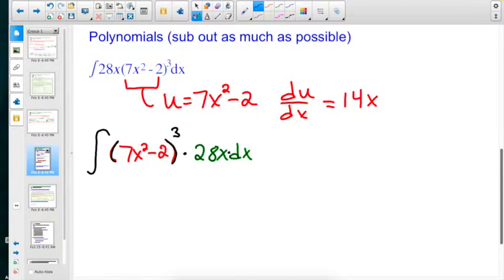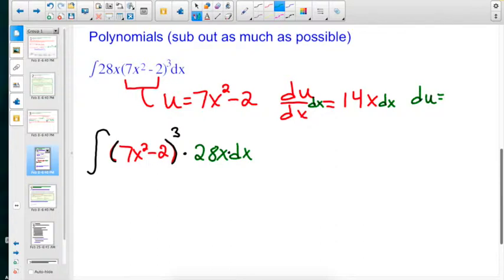Do you see a 28x dx in this expression? I rearrange this to say du equals? Okay, how do I rearrange this to say du equals? Multiply both sides by dx. Yeah, and really, I know we're using the term multiply both sides by dx, and that's okay.